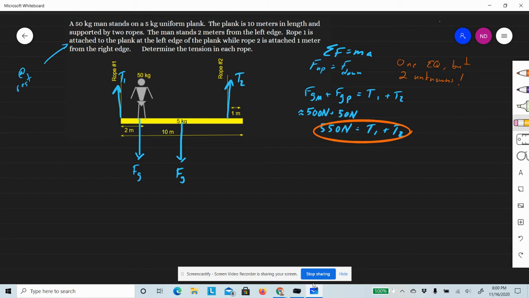So there is another way to solve the problem, and that is with torque. We can do this. It's really pretty easy.